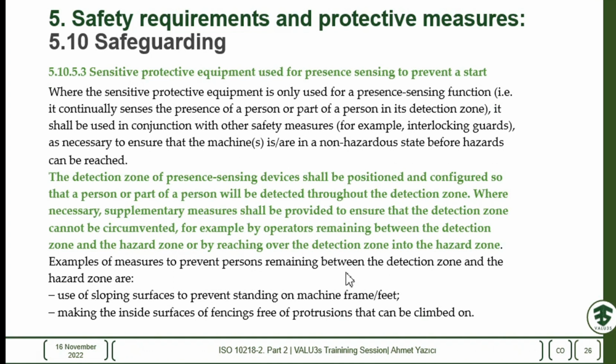The presence sensing device shall be positioned and configured so that a person or a part of a person will be detected through the detection zone. This is explained more clearly in an upcoming presentation.